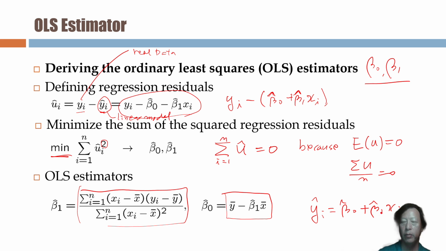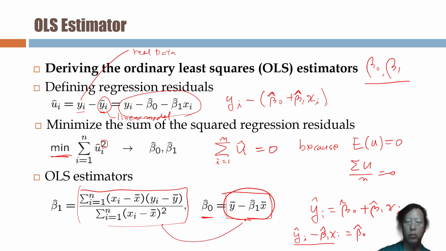So if you subtract both sides, what you get is yi, but these are all different cases, right? So you can just simply take an average of it, and then you can find out this is beta 0. But you have to know what the estimate of beta 1 is here, so this should be going there.